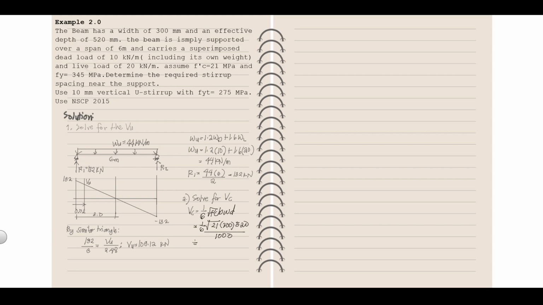So let's compute it. The answer is 119.15 kilonewton.